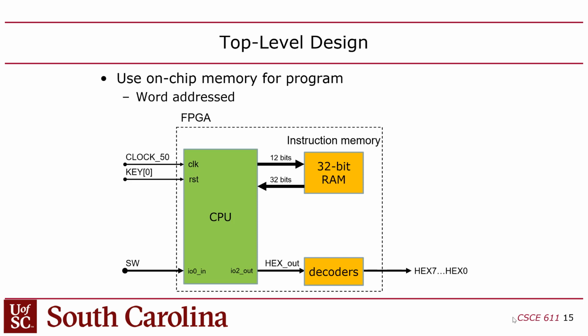Usually from even a small typo. For example, if you have a typo in the hex display, you put lowercase x instead of uppercase x, boom, gone. The whole design gets optimized out, okay? So you have to be careful with that. Just be aware of that.